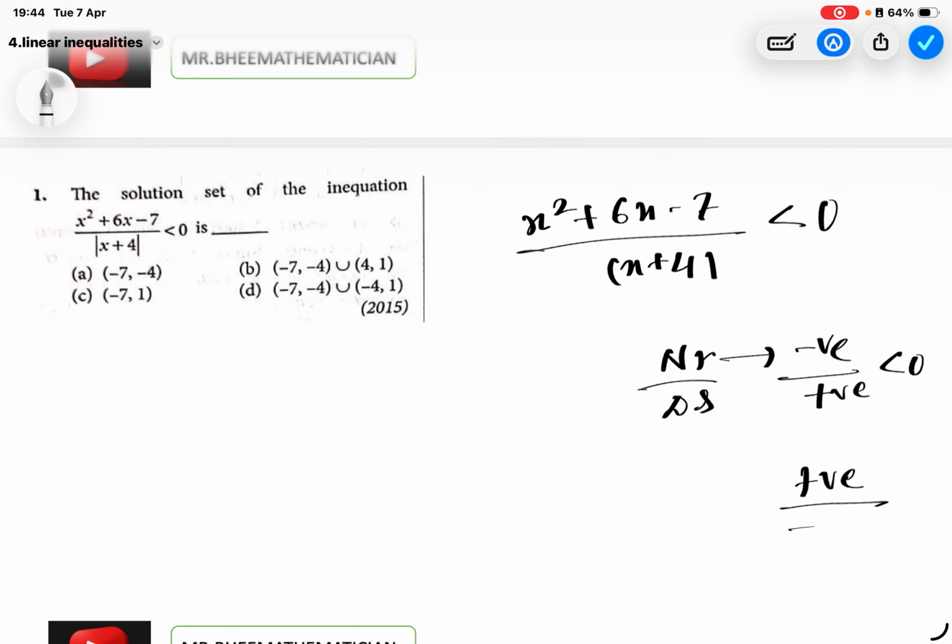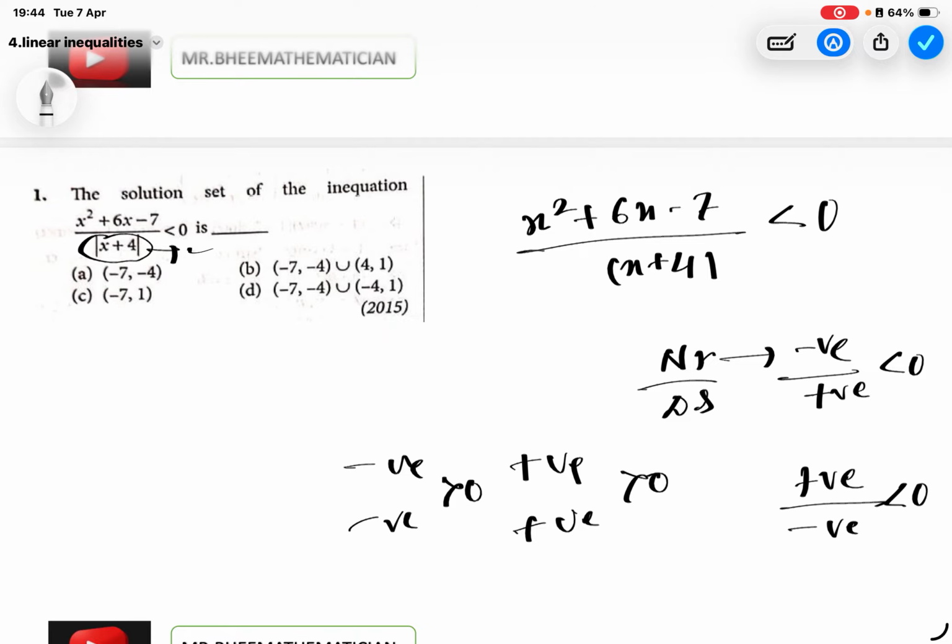If the numerator is positive and the denominator is negative, then also it is less than 0. If both are positive, then it is greater than 0. If both are negative, then also it is greater than 0. But here the denominator is already positive, so we need the numerator only to be less than 0.